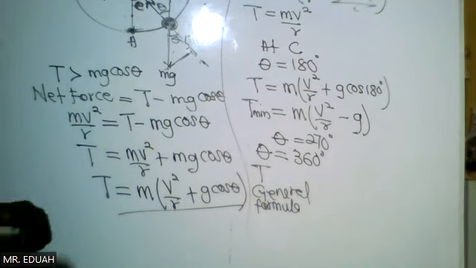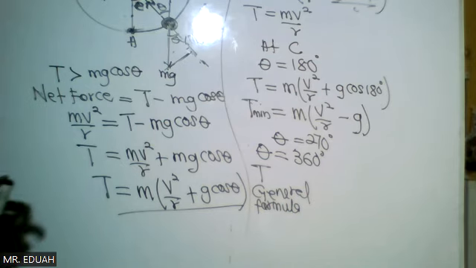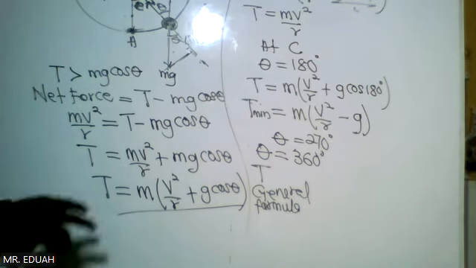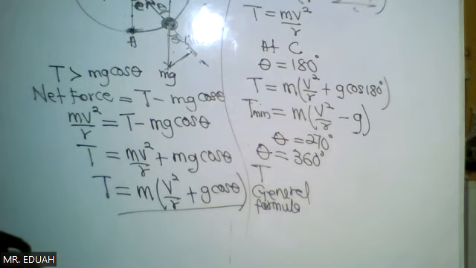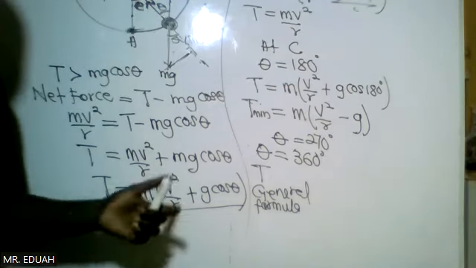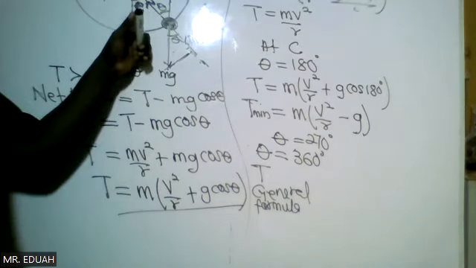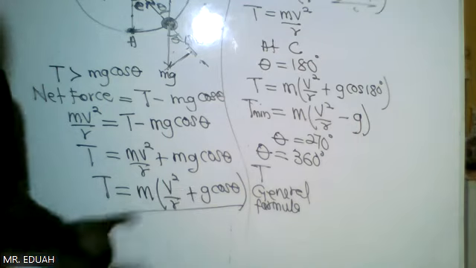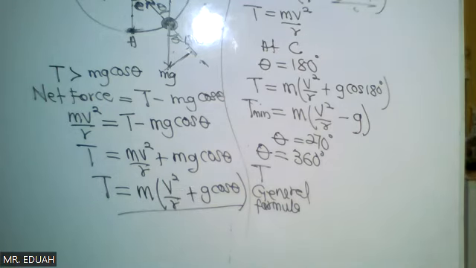So if a question is given and the question says calculate the tension, you are given speed, and so on, and you're asked to calculate the tension at an angle when the string makes an angle of 30 degrees with the vertical, you use this. Any question?